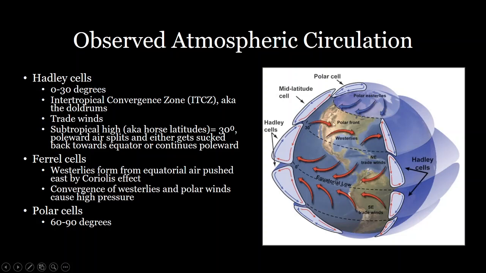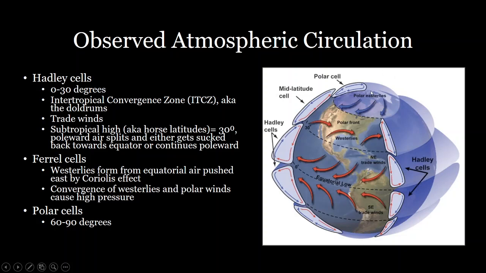So you have the convergence of these westerlies and the polar easterlies causing this convergence in here. The polar cell is located above 60 degrees, so 60 to 90 degrees north latitude and 60 to 90 degrees south latitude.